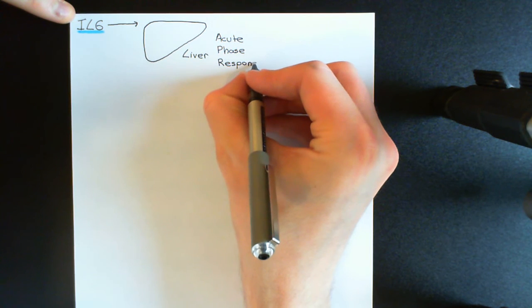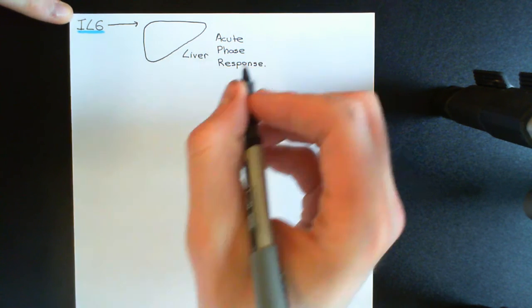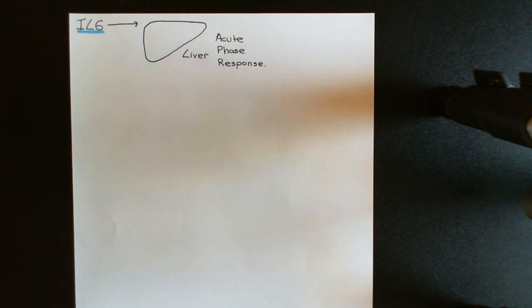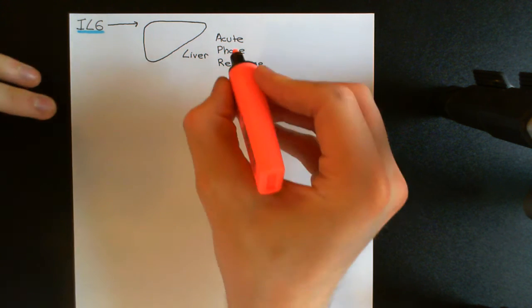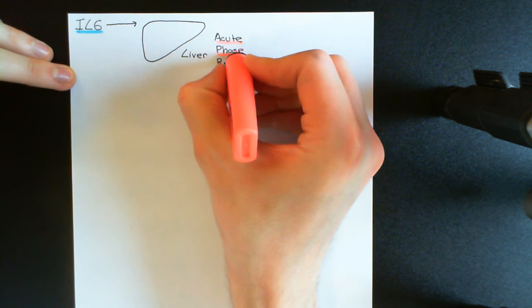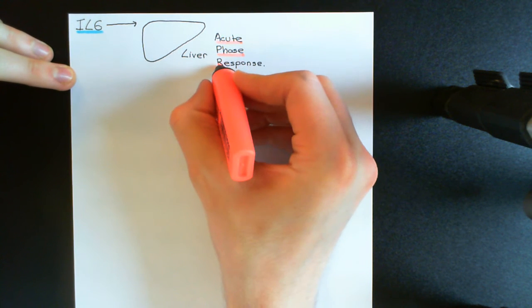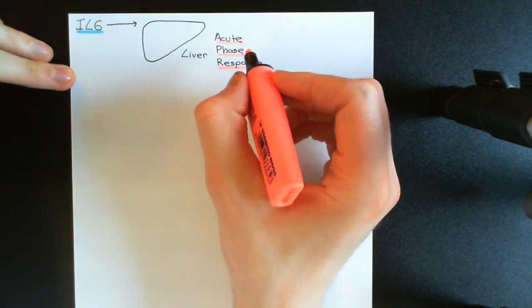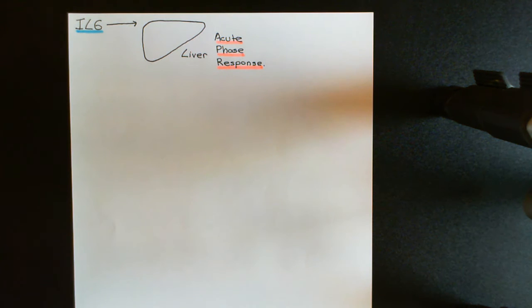And the response of the liver is going to be to synthesize loads more proteins that are involved in attacking pathogens. So I've discussed the fact that the reason we want to form an inflammatory exudate is to bring in all sorts of proteins that are present in an inactive form in the bloodstream, but which are capable of attacking pathogens if you bring them into the tissue fluid where pathogens are present.